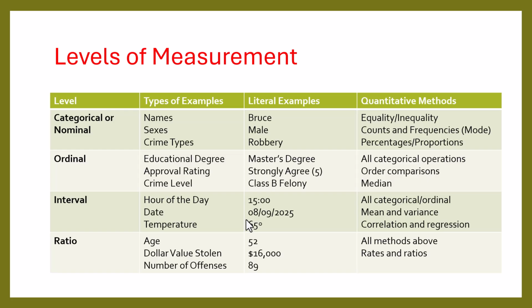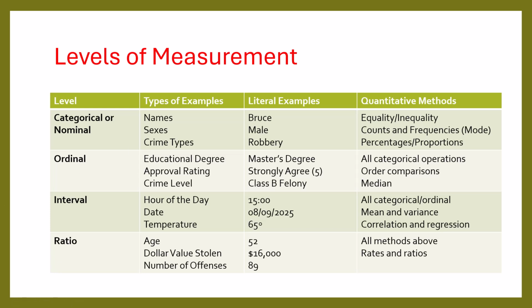But a temperature of 0 on other scales just means it's really, really cold. And for that reason, you can't say, for instance, that 20 degrees is twice as hot as 10 degrees. That's pretty meaningless. So ratio data is numbers where 0 actually means the absence of something, and because of that, you can calculate rates and ratios with ratio data.